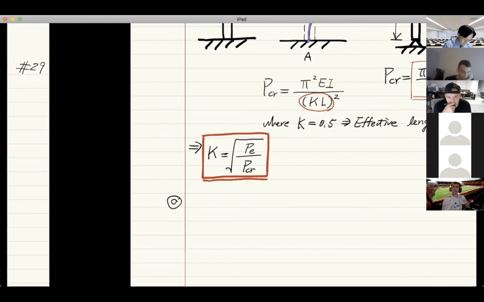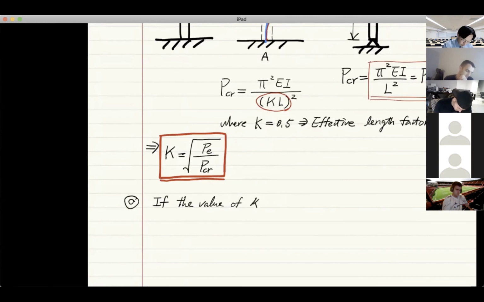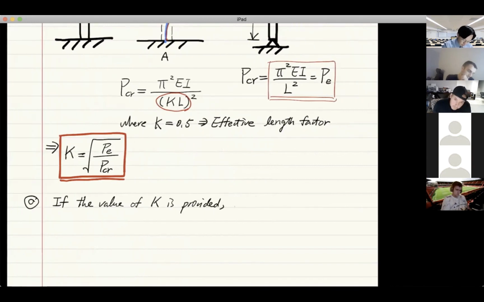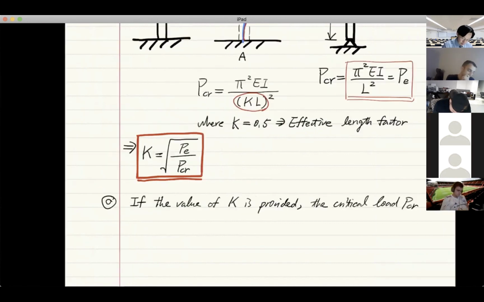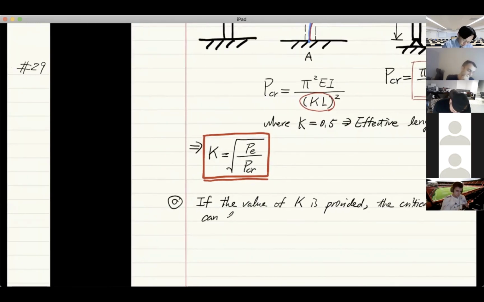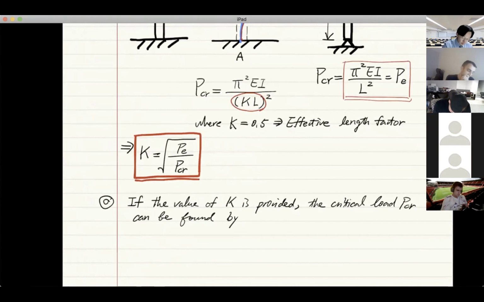Like, if the value of K is provided, the critical load, P_cr, can be found from this definition.